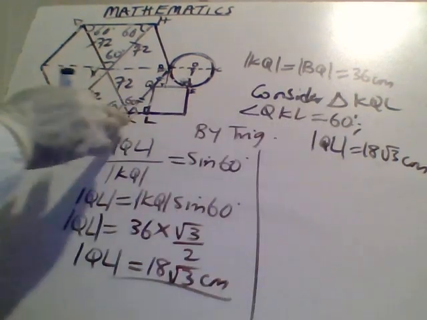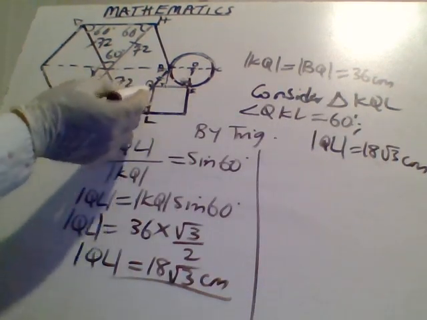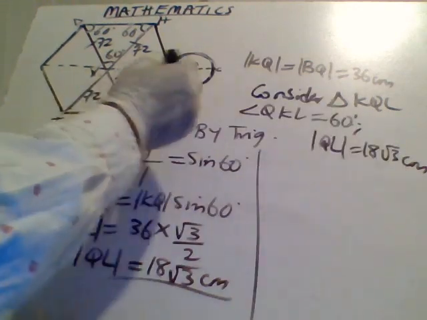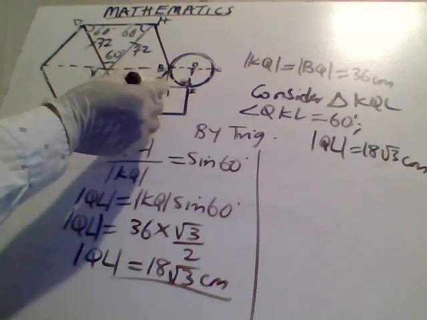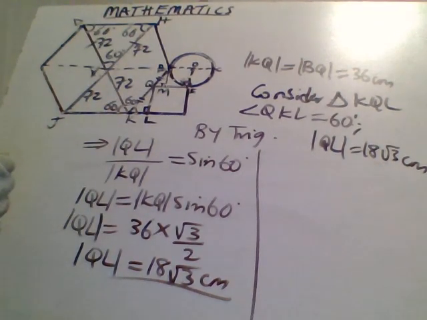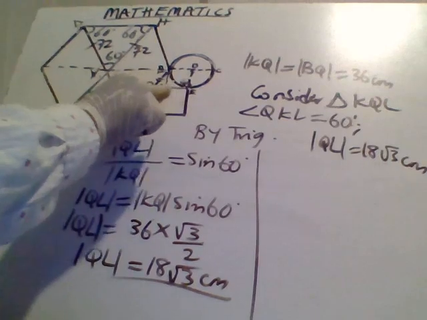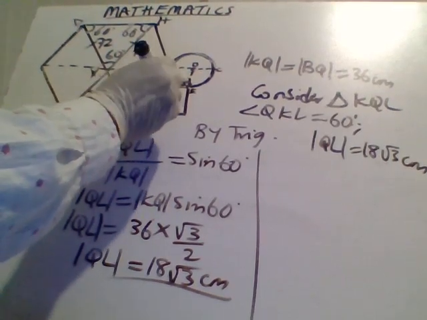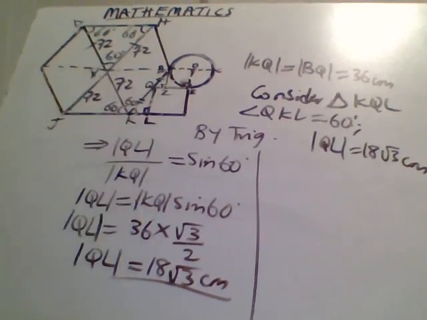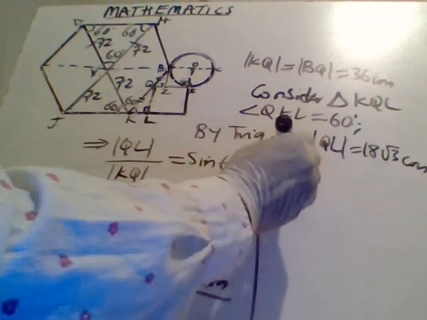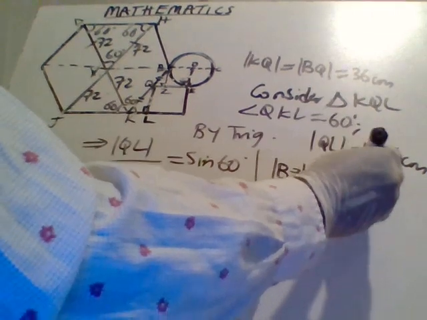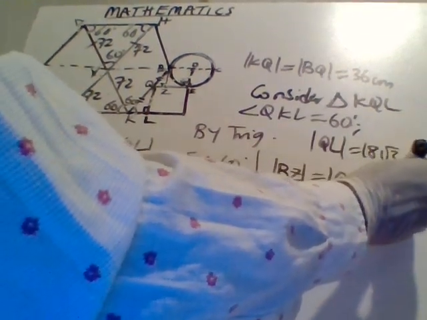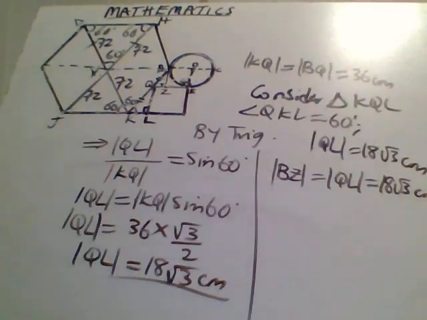Okay, from here we notice that QL, this length, let's call this place M. That point of touching the rectangle, let's call it Z. You can call it anything, but let me call it Z at this point. So notice that BZ is equal to QL is equal to 18 root 3 cm. Why is this so?